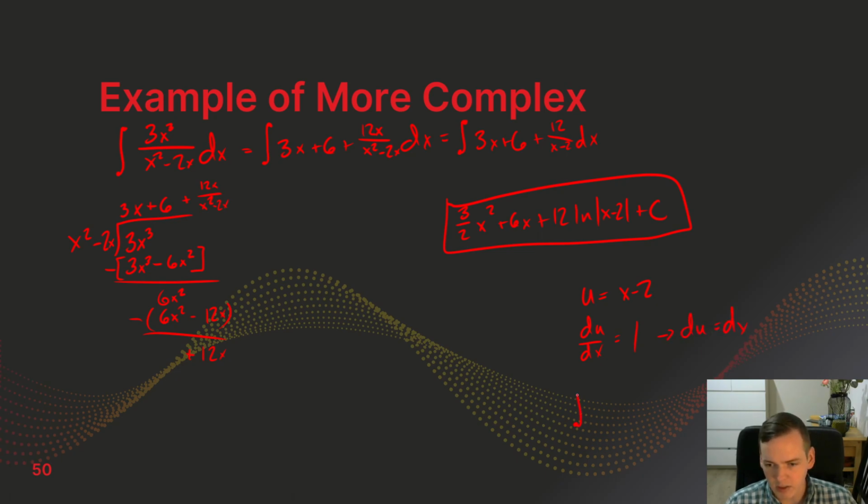So that last term, integrating 12 over u du, is equal to 12 ln absolute value of u plus c, which when we plug back in our u of x equals x minus 2, we get the response up there. So that's using long division to get something that can be more easily integrated.